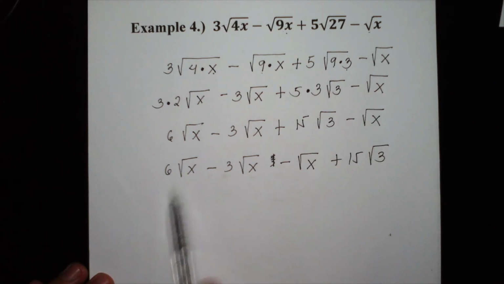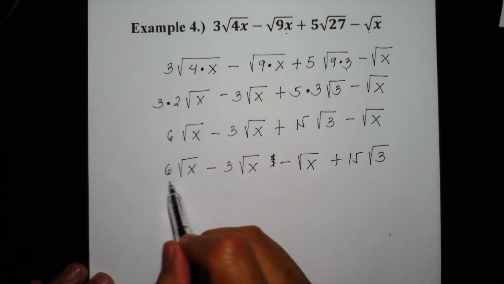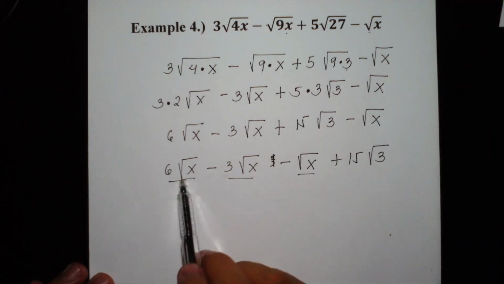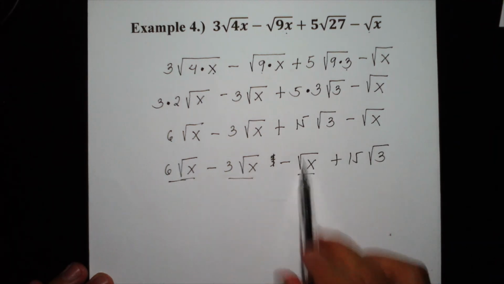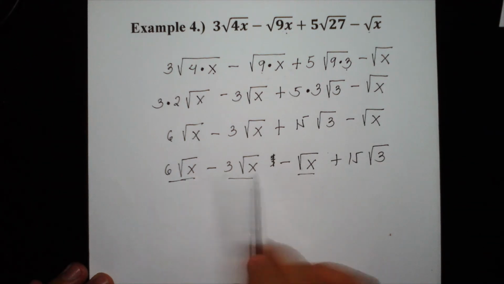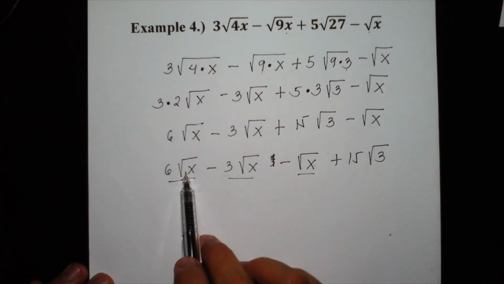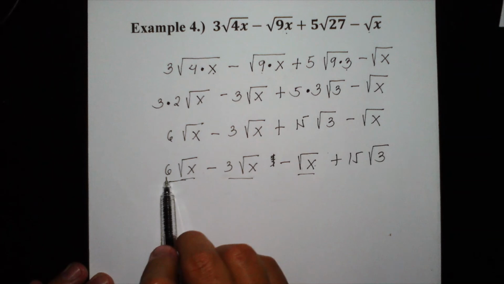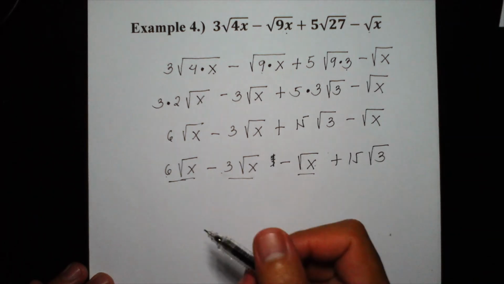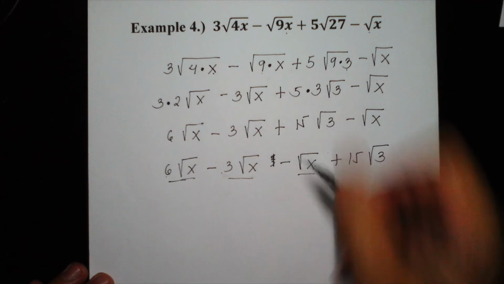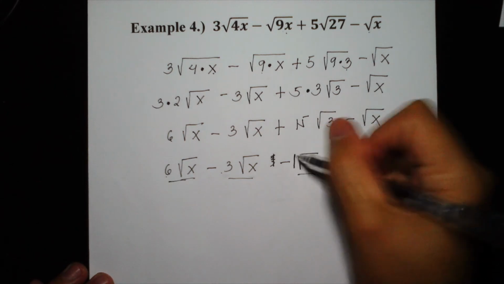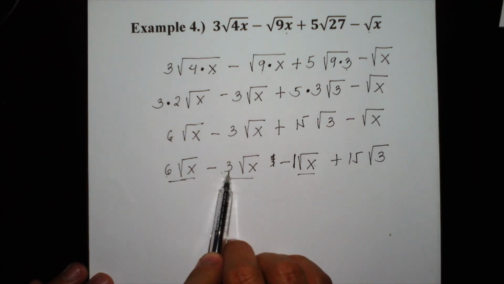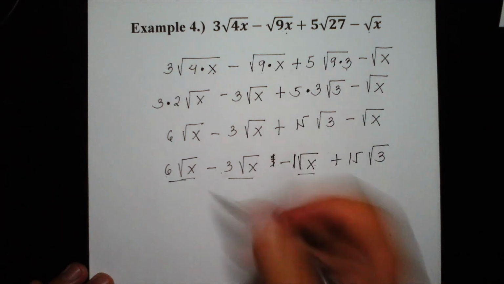Okay, so as you can see, these three radical terms or expressions are similar terms. Why? Because they are the same order. We have square root, and the same radicand. We have x, x, x. So we can perform addition or subtraction between the three terms. So we have 6 minus 3, that will be 3, minus 1, that will be 2.